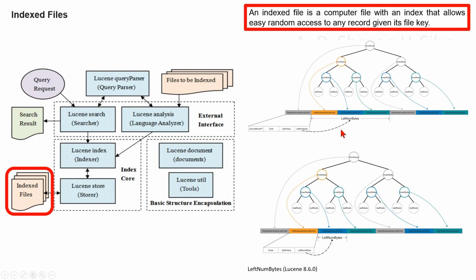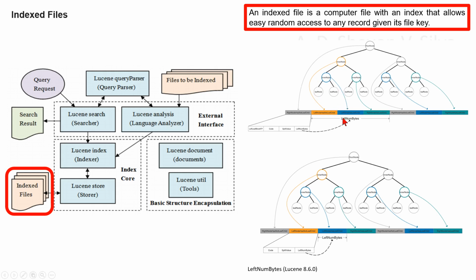Left num bytes are here, there, here. Here this node is connected to the left node, which has no leaf child.